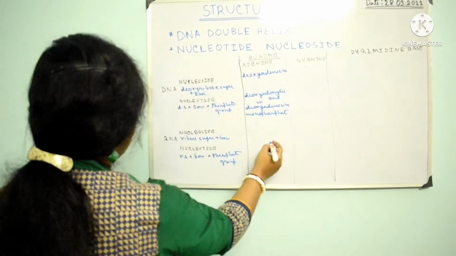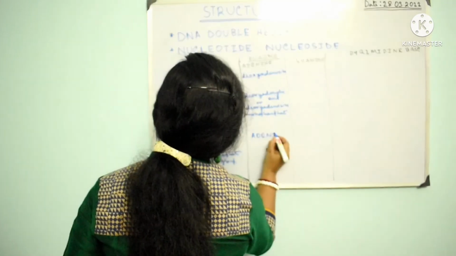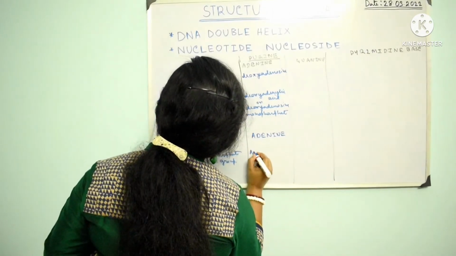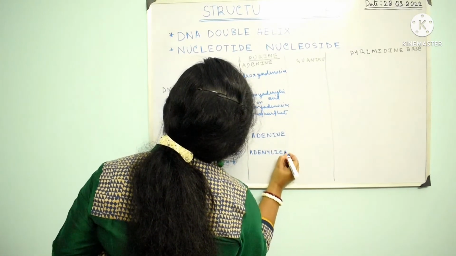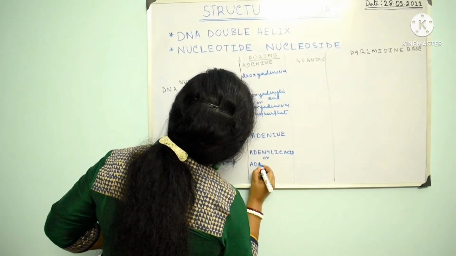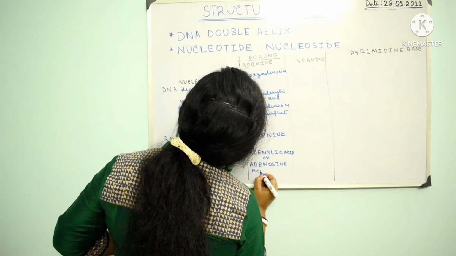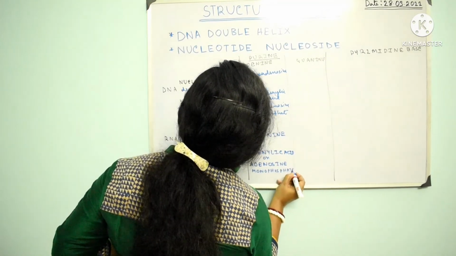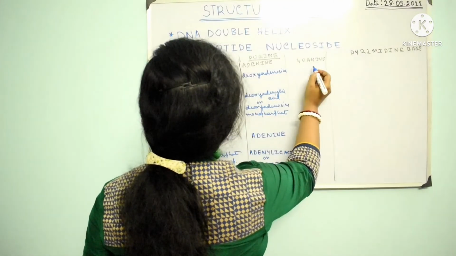Here in case of RNA, when the purine base is adenine, adenosine, and in case of adenylic acid or adenosine monophosphate. Is it clear? Now let's see guanine.